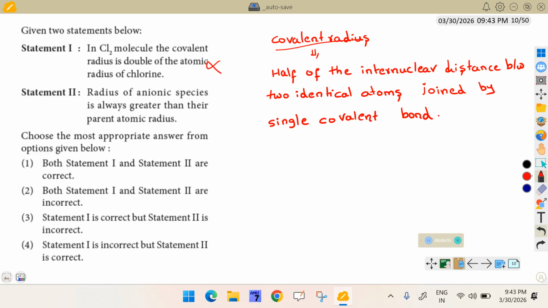Radius of anionic species is always greater than their parent atomic radius. Yes, this is correct, because in anionic species the number of electrons is more than the number of protons, so atomic size increases. Statement 2 correct, Statement 1 incorrect.